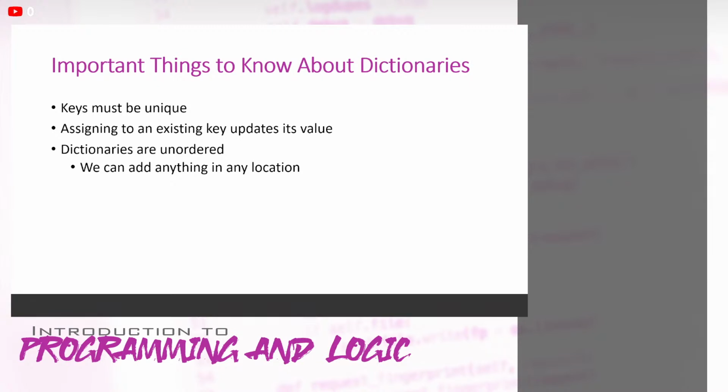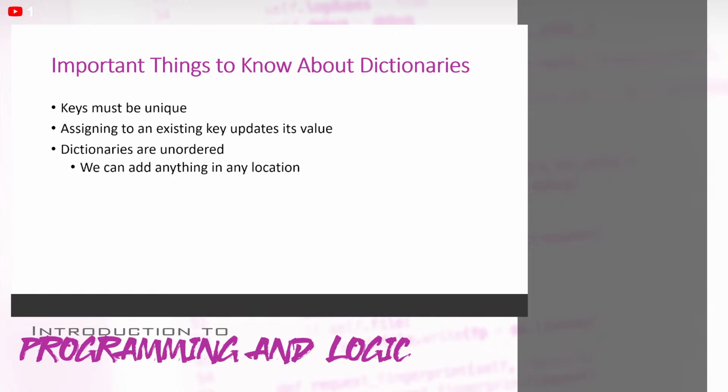You want a specific association between your key and the data value that belongs to that key. If we assign a value to an existing key, then that will change the value that belongs to that key.